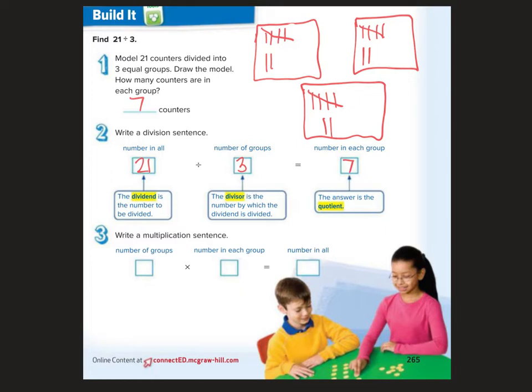I have 7 in each group. If I write the multiplication sentence that goes along with this, I could say 3 groups times 7 in each group is the number in all, 21. It doesn't really matter because of the commutative property, but I will follow the rules.